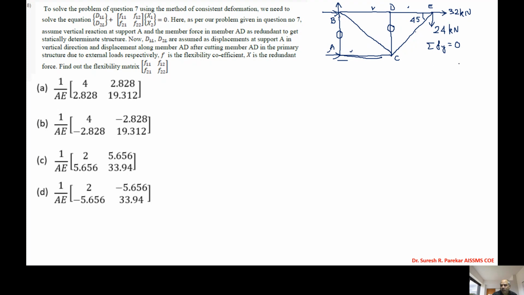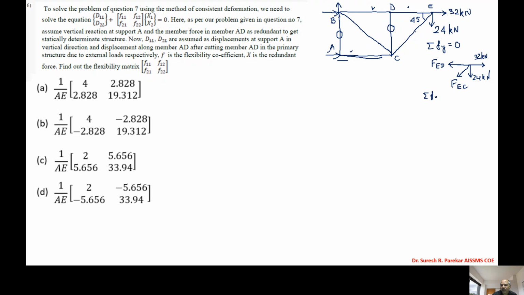If I consider the joint, then you will understand it. So we have this as 32, here we have 24, then 32 kilonewtons. We have this force FED, and we have this force FEC. So why do we have only one?